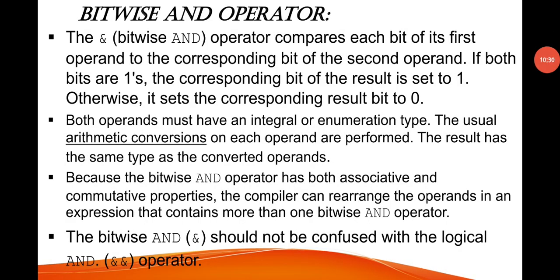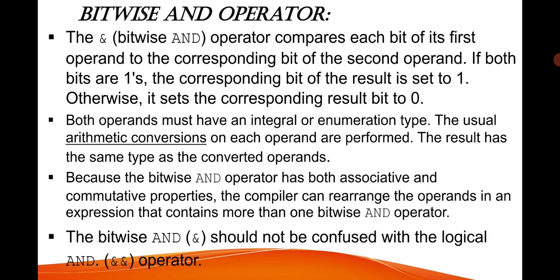Bitwise AND operator. The bitwise AND operator compares each bit of its first operand to the corresponding bit of the second operand. If both bits are ones, the corresponding bit of the result is set to 1; otherwise it sets the corresponding result bit to 0.